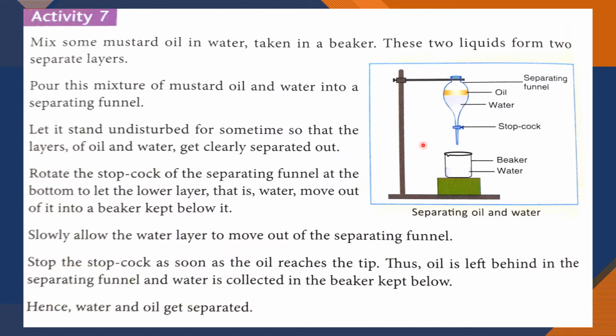Stop the stopcock as soon as the oil reaches the tip. Thus oil is left behind in the separating funnel and water is collected in the beaker kept below. Hence, water and oil get separated.